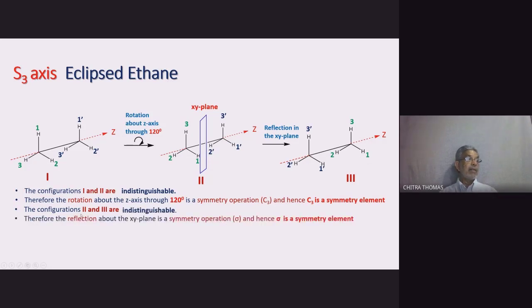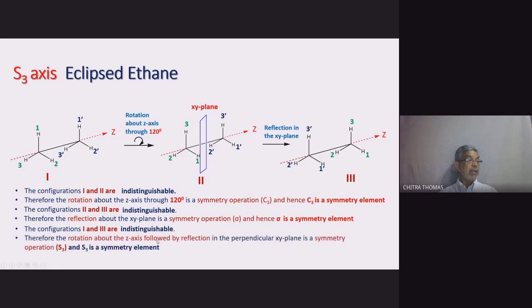Therefore, the reflection about the xy plane is a symmetry operation, and so sigma is a symmetry element. Now we compare configuration 1 and 3. They are again indistinguishable. Therefore, the rotation about the z-axis followed by reflection in the perpendicular xy plane is a symmetry operation. S3 is a symmetry element.